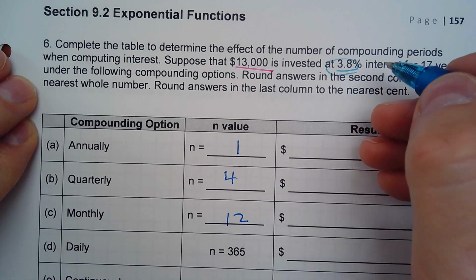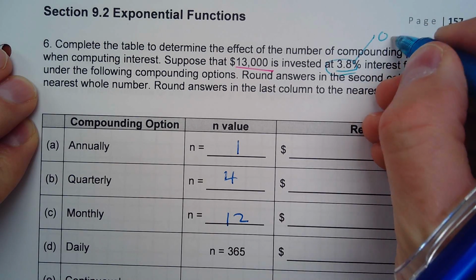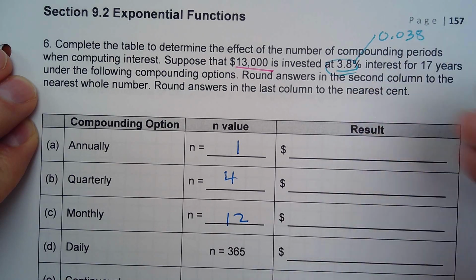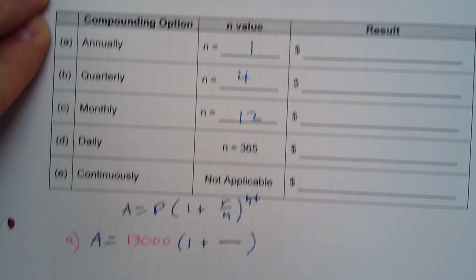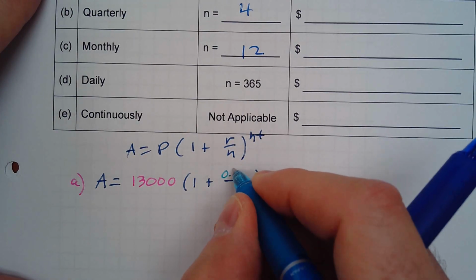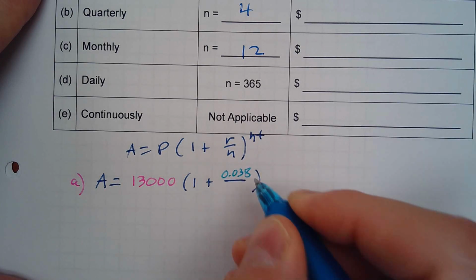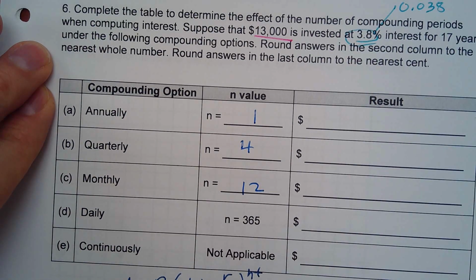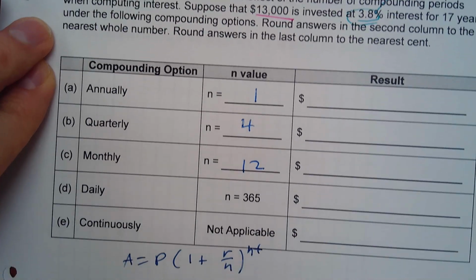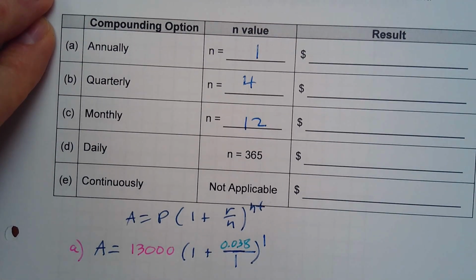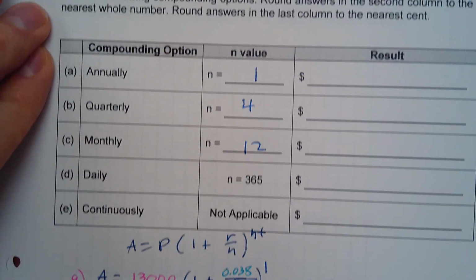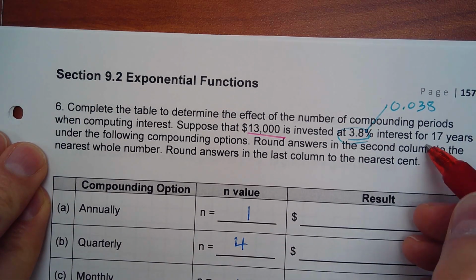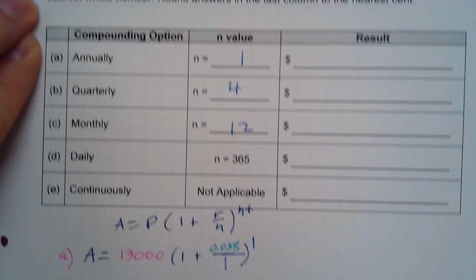Going back up here, we're going to need to write that as 0.038. Slide the decimal point over 2 places. And here n is 1, and then I put 1 up here. And let's see, what do they say for time? Looks like time is 17 years.